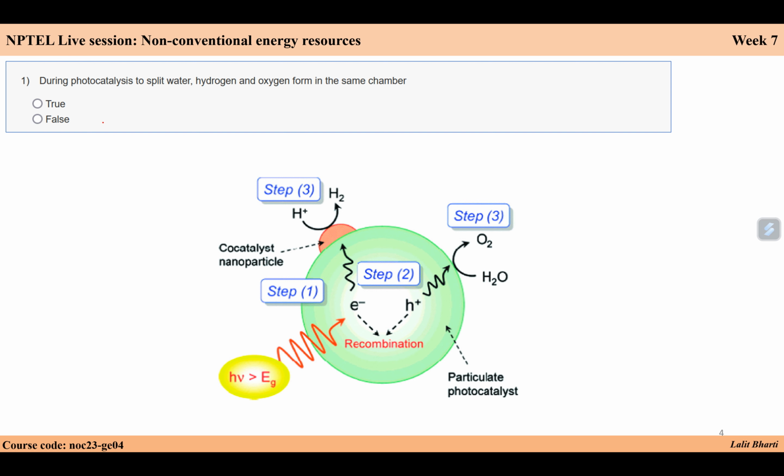In a very simple manner, we use some material, let's say this is some photocatalyst, which will react with H2O, and we will be getting H2 plus O2.